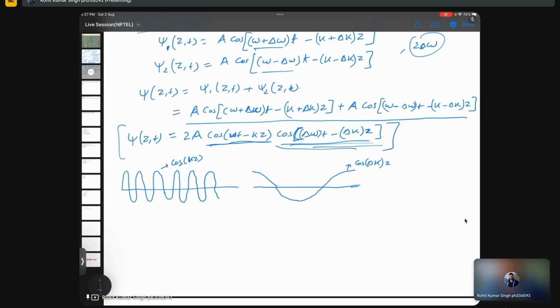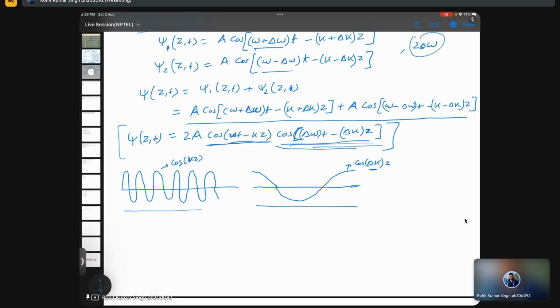Because this delta k is smaller than k, the frequency is higher here, and this is the frequency.